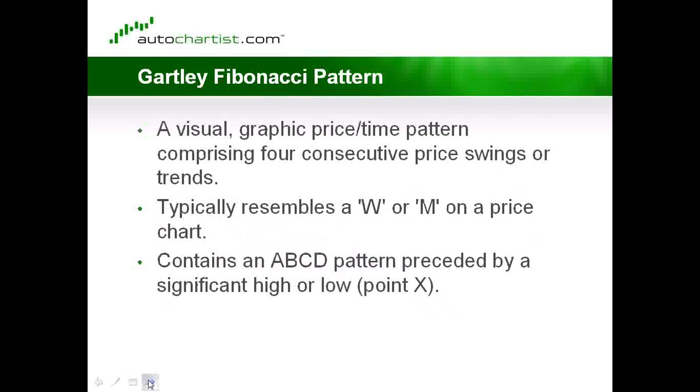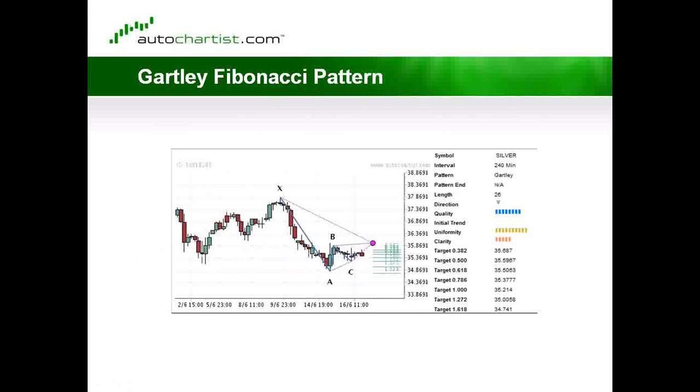Now, the last Fibonacci pattern that we'll look at before we move on to basic chart patterns and then putting it all together is this Gartley Fibonacci pattern. Okay, and this one is basically a visual and graphic example of price and time symmetry.